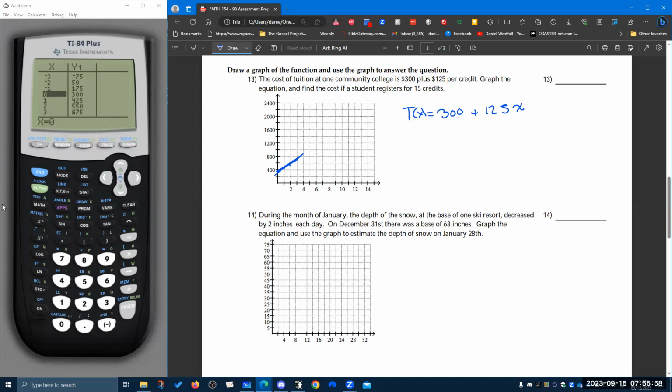If I could find some points that were exactly multiples of 200, that would be great. So let me get 4, 800. And let me get 12, 1800.